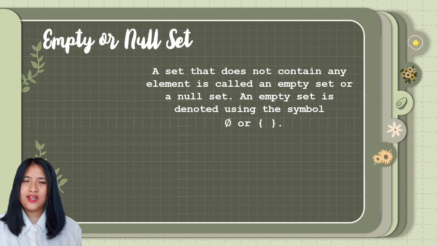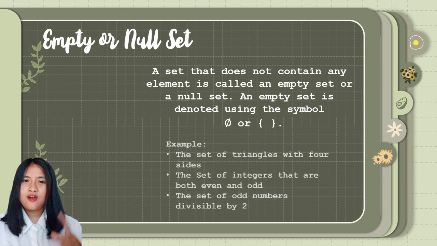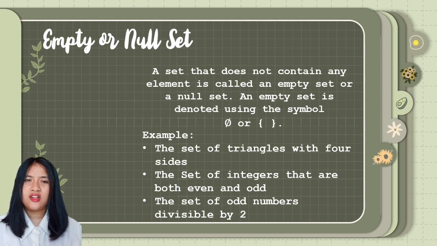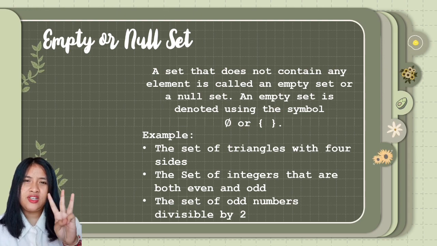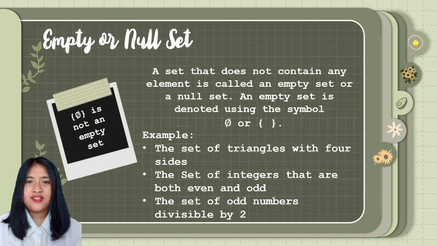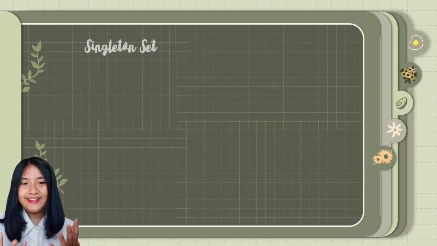The examples of empty set are: first, the set of triangles with 4 sides; second, the set of integers that are both even and odd; and number 3, the set of odd numbers divisible by 2. And remember, the set with element empty set is not an empty set, because the set has an element that is the empty set.